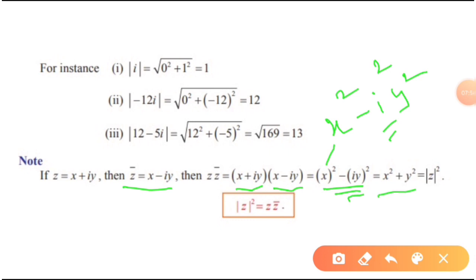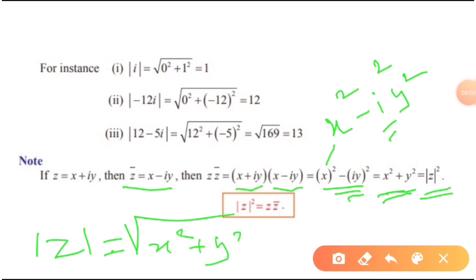We know that x squared plus y squared is equal to modulus of z squared. We know that modulus of z is equal to the square root of x squared plus y squared. Now squaring on both sides, the square and square root cancel, so modulus of z squared is equal to x squared plus y squared.